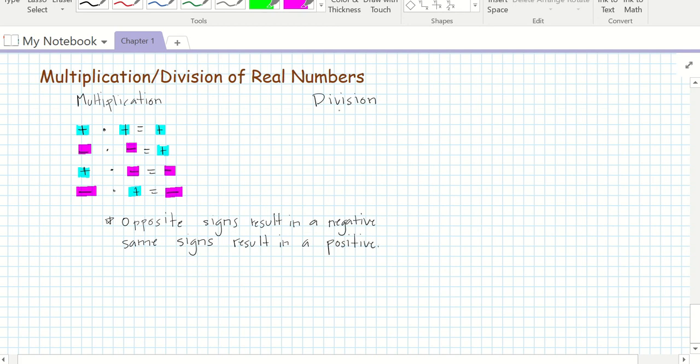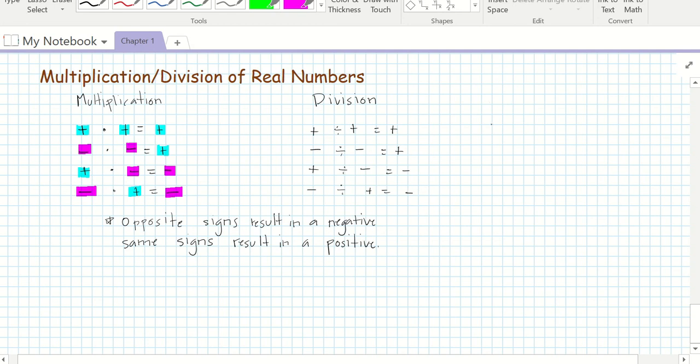Okay? Same rule applies for division. So if I have a positive being divided by a positive, the answer will be positive. Negative divided by a negative equals positive. If I have a positive divided by a negative, the answer will be negative. And if I have a negative divided by a positive, answer will be negative.